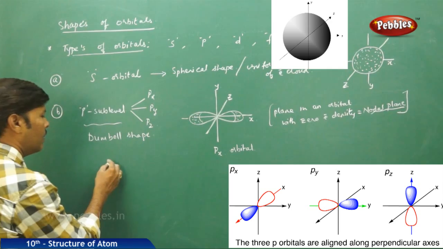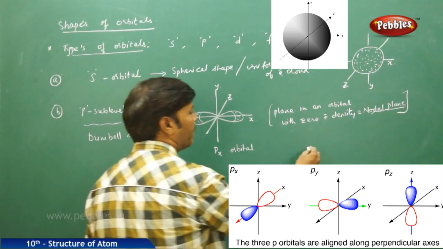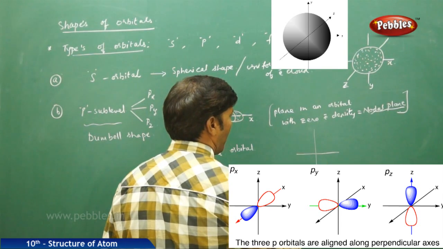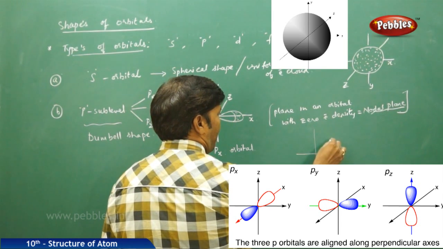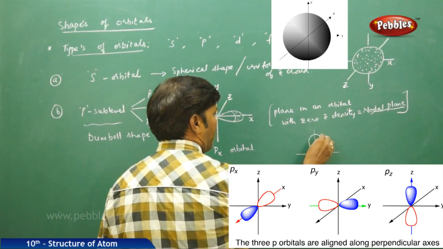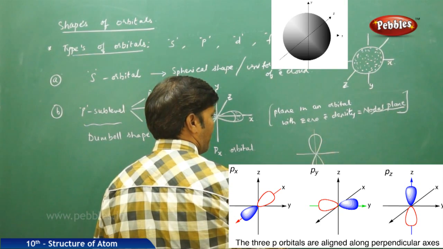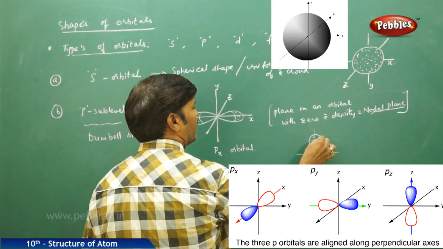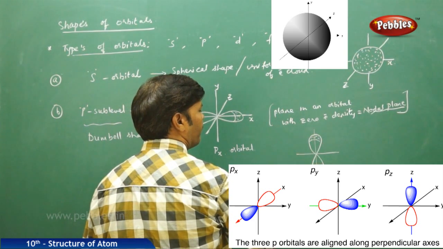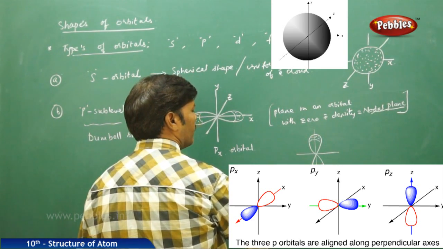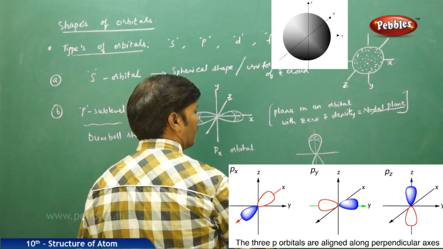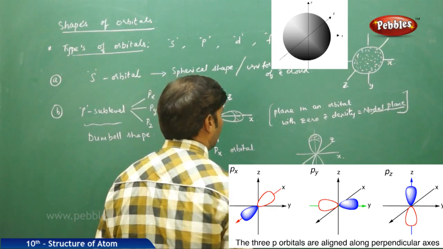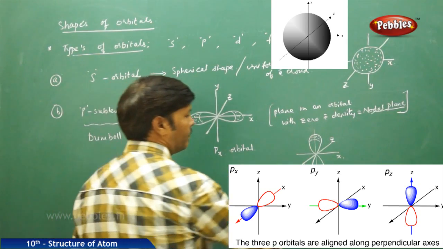Go for py orbital. This is the py orbital, with the y-axis, x-axis and z-axis.